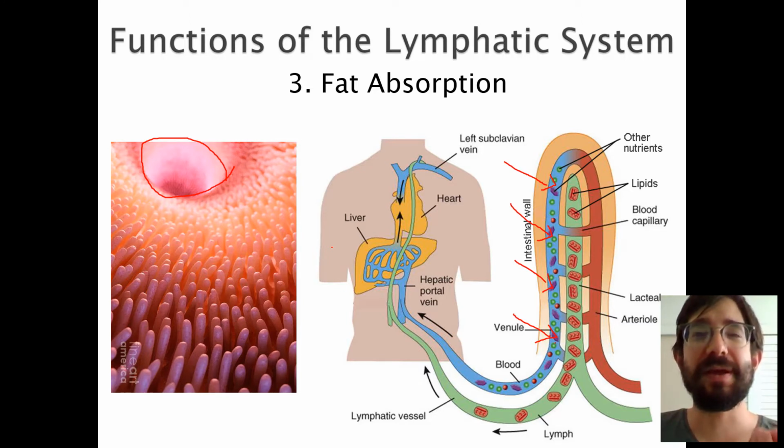Lipids, these big chunky fat globs, end up sticking to each other and making even bigger fat globs. They can't get into the cardiovascular system. So instead, while the lymphatic system is vacuuming up this 3 liters of fluid, it also sucks up the fats. So it absorbs the fats.